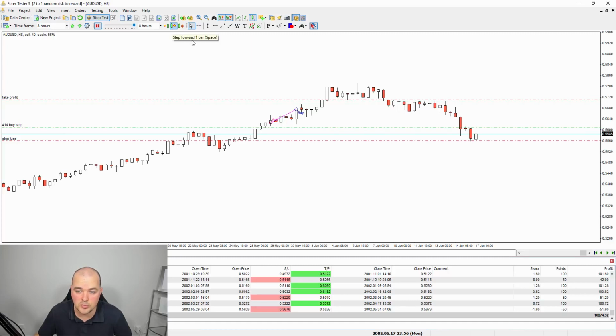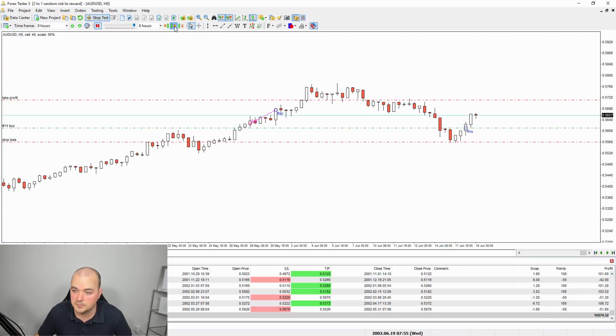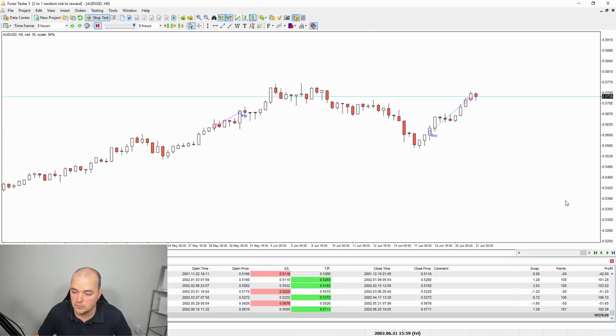Oh, the trade hasn't opened yet. Okay, so let's just let it play out. Okay, so that trade, another random example, hadn't opened because the entry was just above that price and the price just moved straight down before opening the buy limit where I placed it.